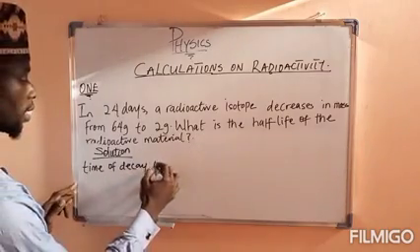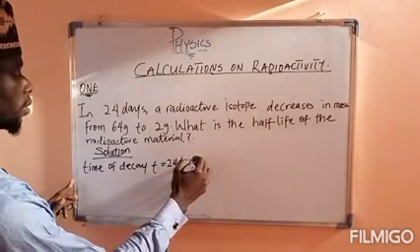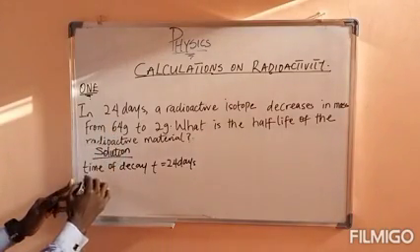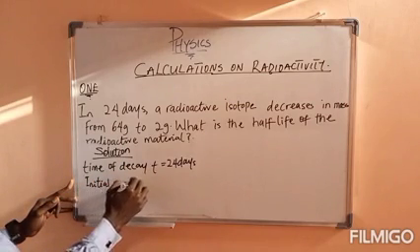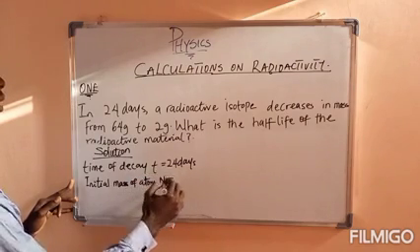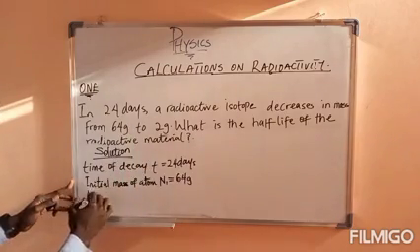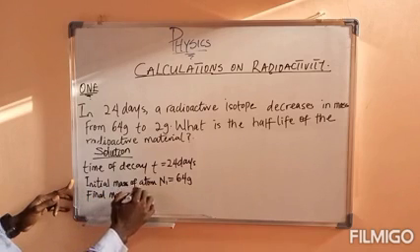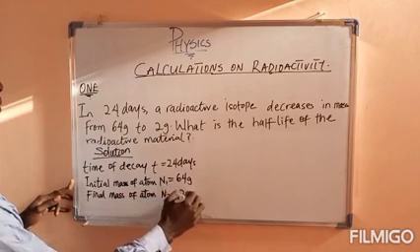So we use small letter t to represent time of decay. Here it is 24 days. From this initial mass of atom, which we call N1, which is 64 gram, to the final mass of atom, N2, which is 2 gram.